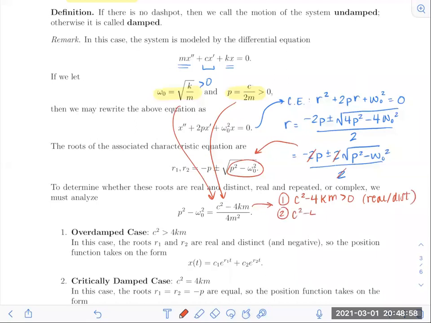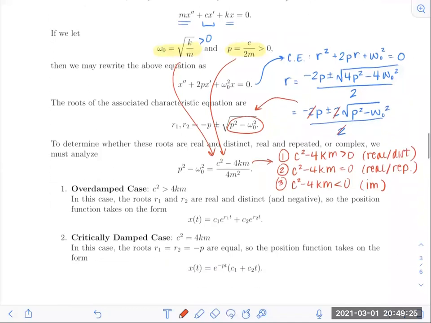Maybe c squared minus 4km equals 0, so those are real and repeated roots. Or maybe c squared minus 4km is negative, in which case we're taking the square root of a negative number, and these are imaginary or complex conjugate pairs. We would like to analyze each of these three cases and understand how we would move forward with them.